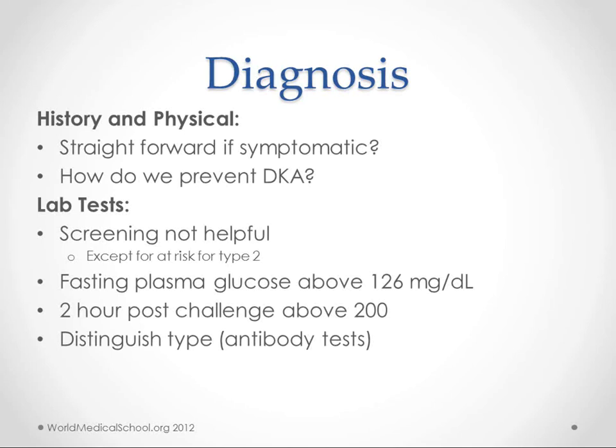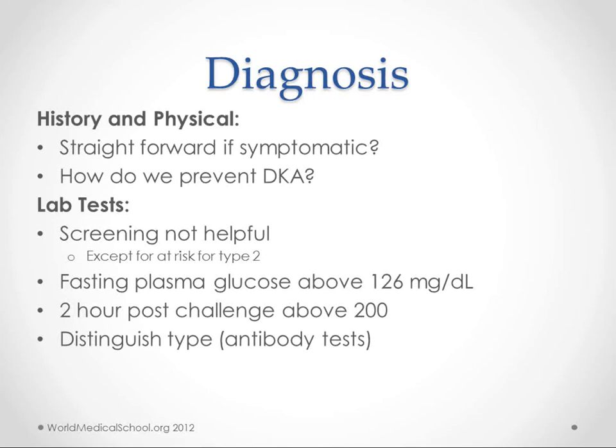So the tests that we can do are fasting plasma glucose, which if you have above 126 2 times, then you're diabetic. A 2-hour post-challenge above 200. And in 2010, they also approved hemoglobin A1C as a diagnostic test.